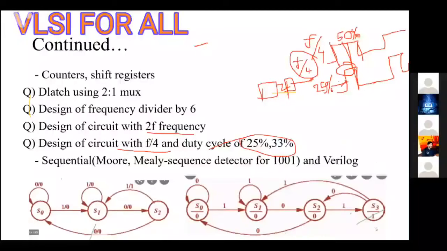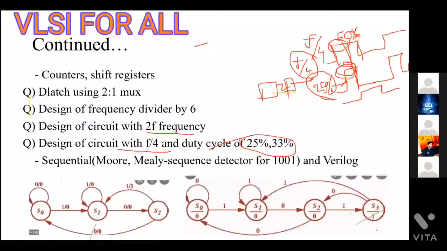Now for this part, in order to obtain this 25% duty cycle, one thing that can be done is you can shift the f/4 waveform to some extent, to the front or back, and do some operation to get this.